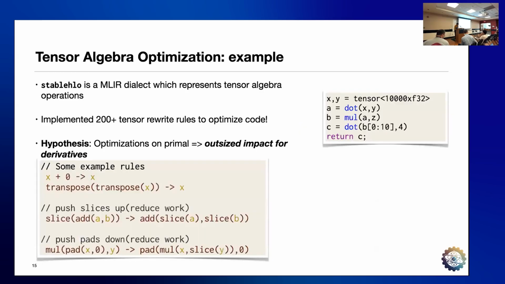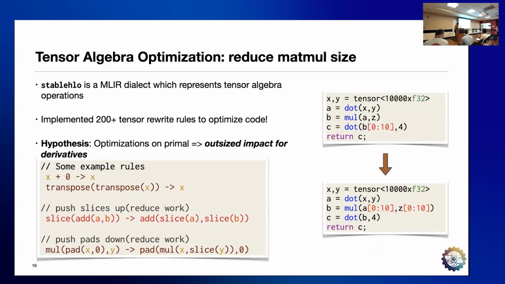And just to get an idea as to how these rewrite rules look like, they're really simple. I mean, you have a tensor x, you add 0 to it, you get back x. Or you take a transpose of a transpose of a tensor, it's the tensor itself. Imagine an operation where you have really large tensors, and you're operating on those tensors, but at the end, you're taking a dot product with a slice of just 10 elements, right?